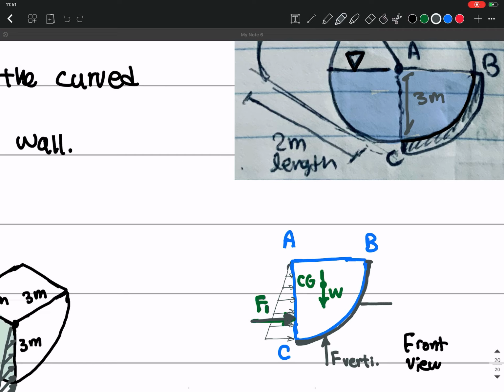So, therefore, it has to exert this F horizontal as well.